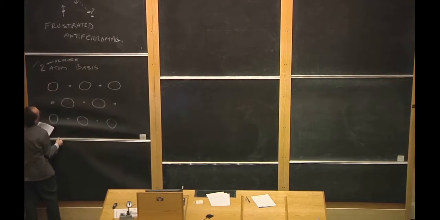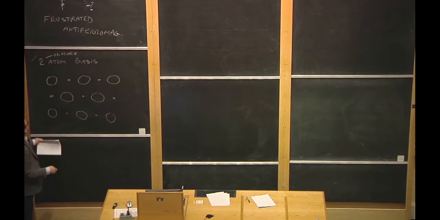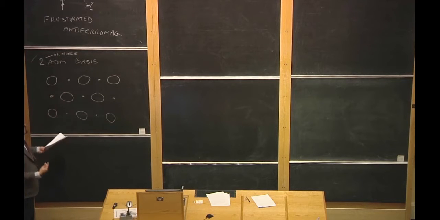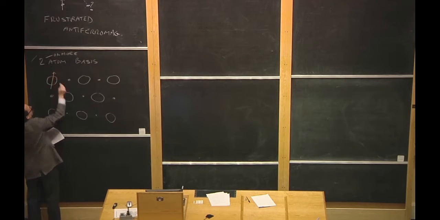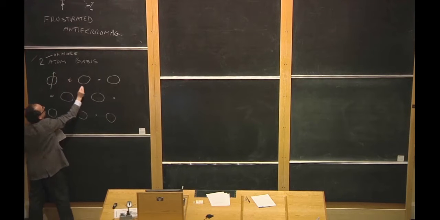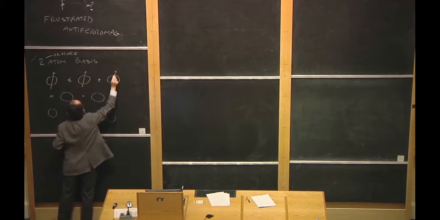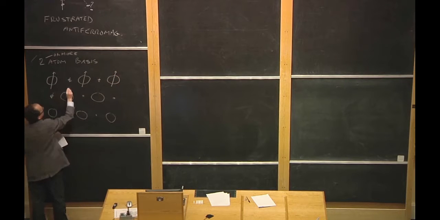Now imagine that we have antiferromagnetic coupling where the neighboring atoms want to point their spins in opposite directions. So the big atom, say, points up, then the small atom points down, big atom points up, small atom points down, big atom points up. You get the idea.